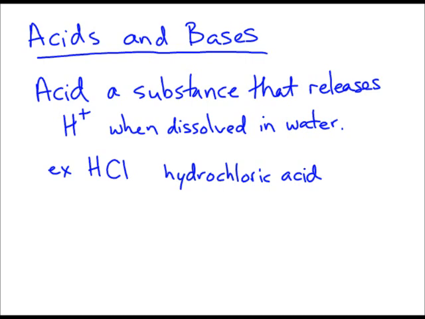When we're working with hydrochloric acid, when we put this substance into water, what ends up happening is the hydrogen and the chlorine split. We know that this is a molecular compound. It exists with a bond between the two elements that are present.